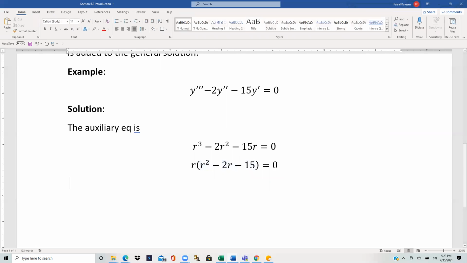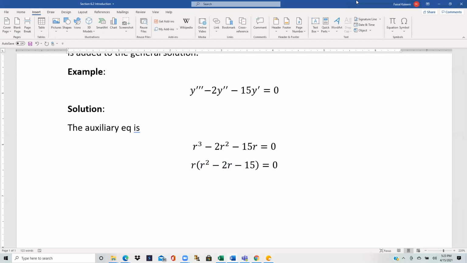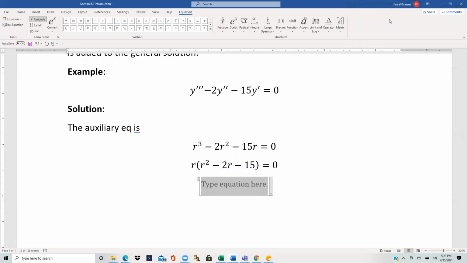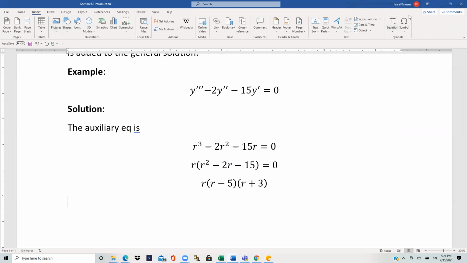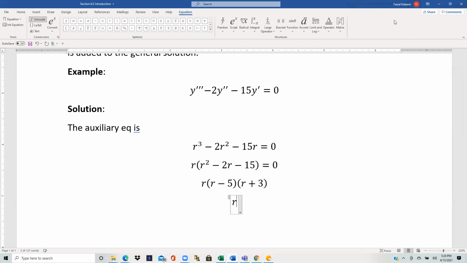So r is equal to 0, 5, and negative 3. And therefore, they're real and distinct.